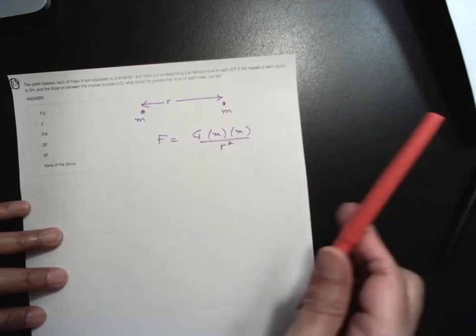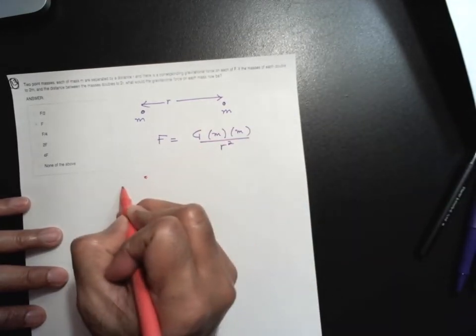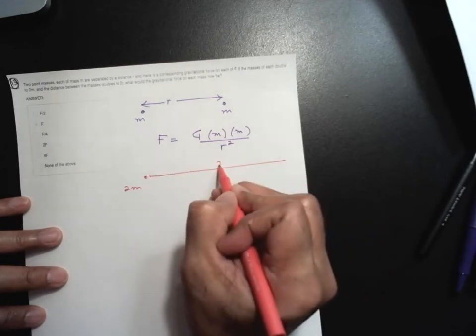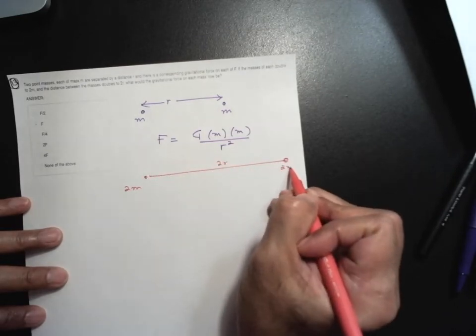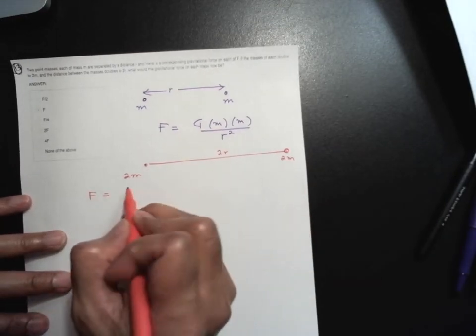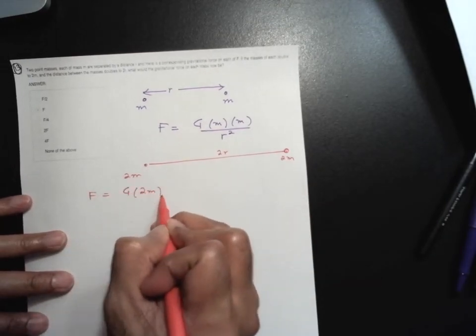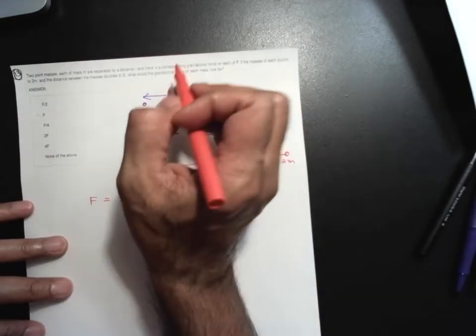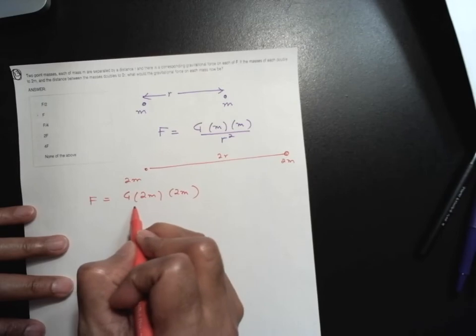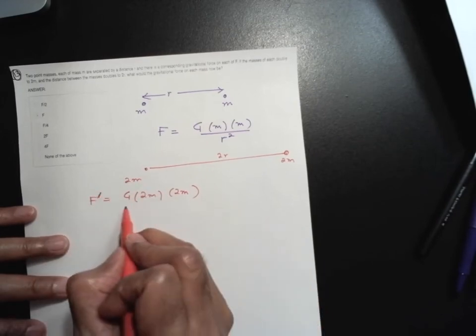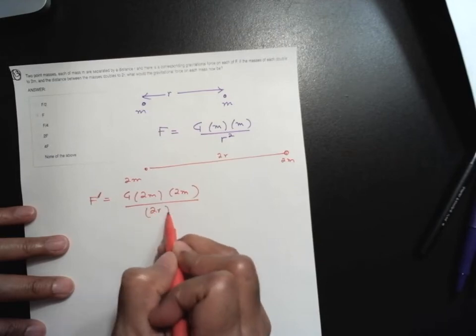But now, I mean, what happens when you make it 2m and make this distance 2r and this 2m? So in that case, then the force becomes, g times 2m, when we're asked to compare the two forces, basically. So the new force, and this is over 2r squared.